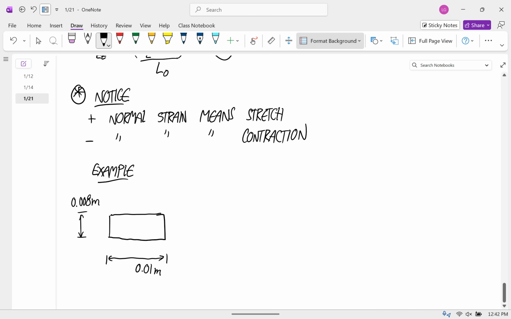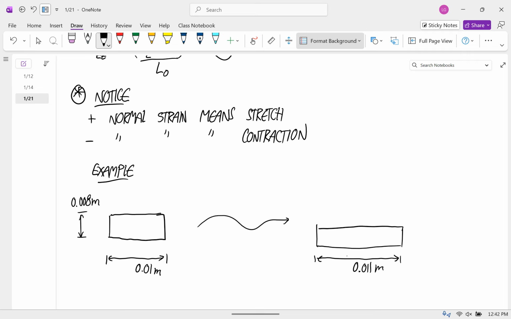And then it goes through the deformation, and we end up with a length in this direction of 0.011 meters, and a length in this direction of 0.007 meters.